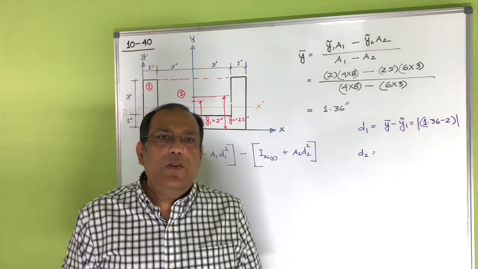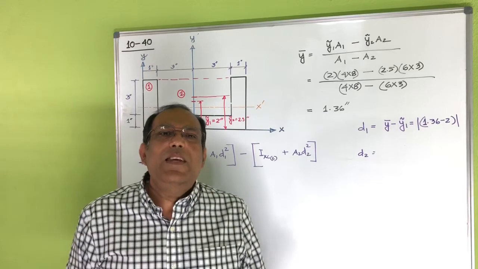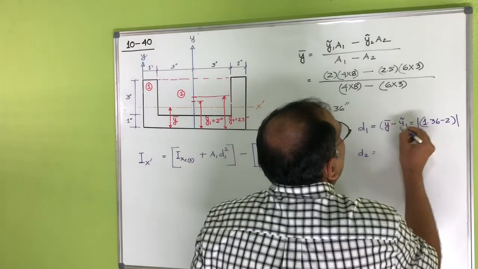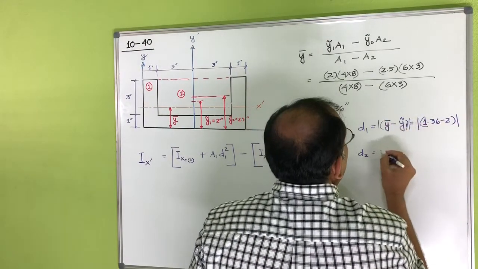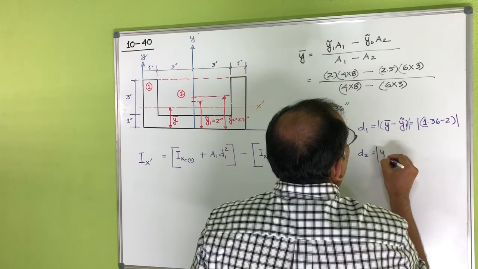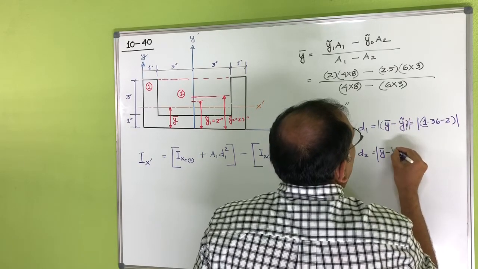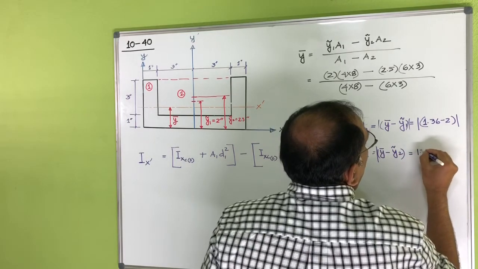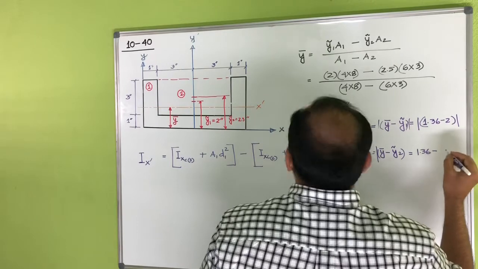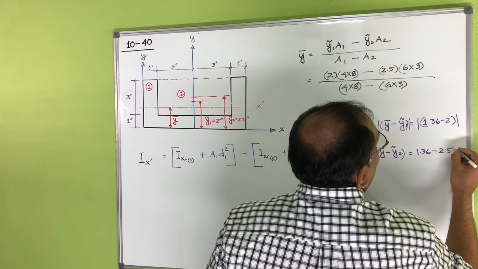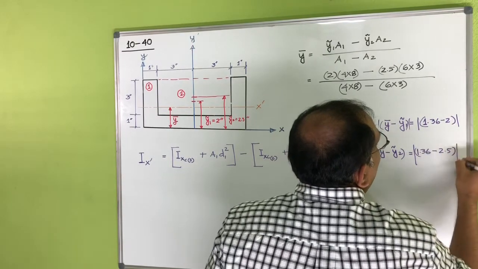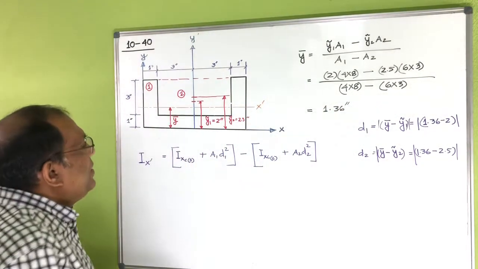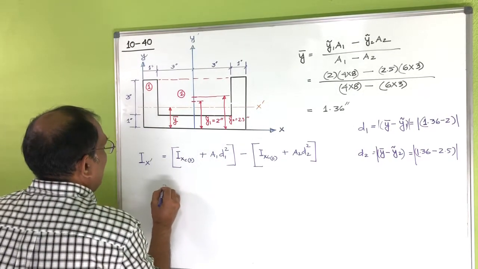Whatever you get, you just make it positive and then square it, so it doesn't matter. So d2 would be y bar minus y tilde 2, which is 1.36 minus 2.5, the absolute value.